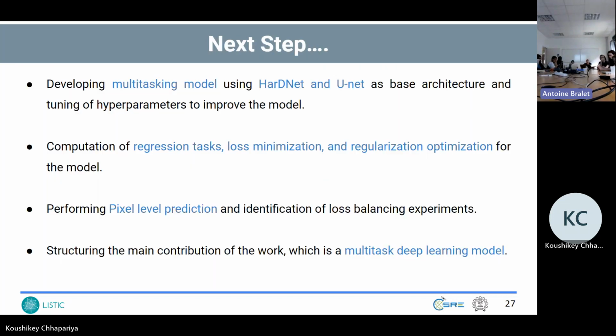The next step would be to work on the multitasking model. Right now when I was doing the multitasking, I was first doing the categorical classification, and then the continuous one. The next step would be to optimize it and channelize it into one proper channel, where either a classification or a regression can be done simultaneously.